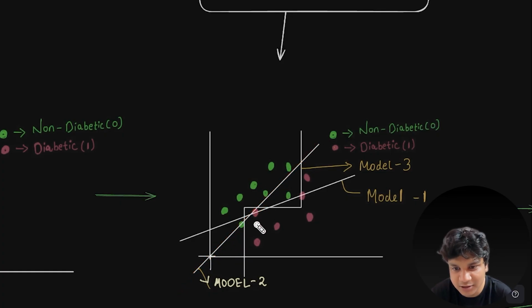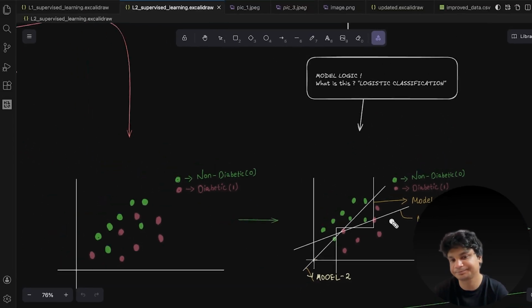No, because from line number two, some of these green dots, which means the non-diabetes patients, are coming under the zone of diabetes patients. So it's also not good. Can I say that model 3 is basically classifying a lot? So model 3 is the best line.